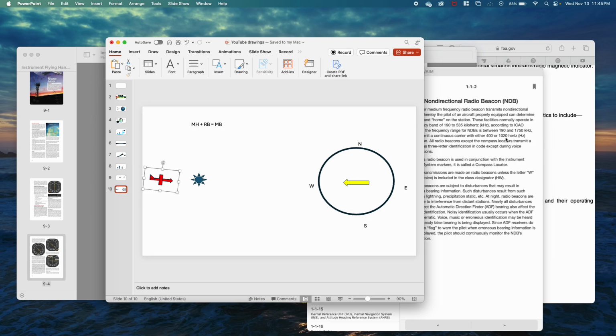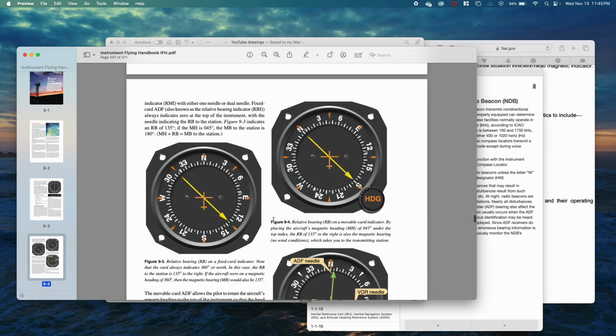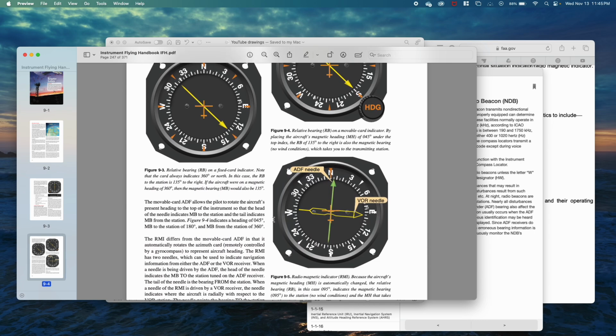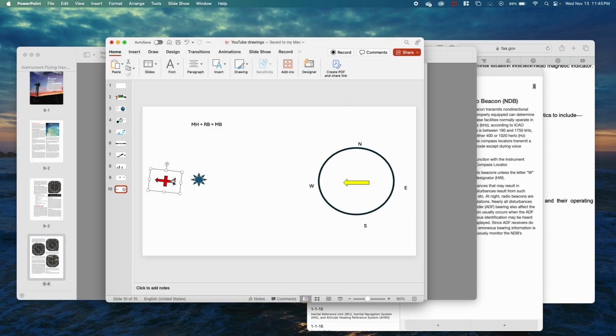The other two are really simple once you get this one down. It's going to be your movable card ADF and then your RMI. So your movable card ADF, all this means is we're going to readjust this here to the same scenario like that. Instead of doing the math of magnetic heading plus relative bearing equals magnetic bearing, this will do the math for you.